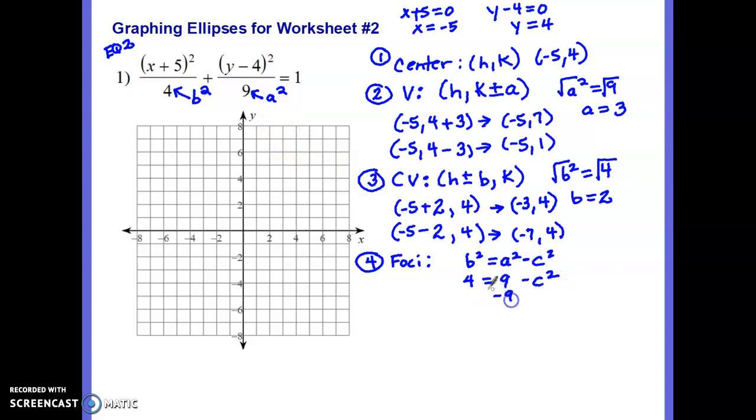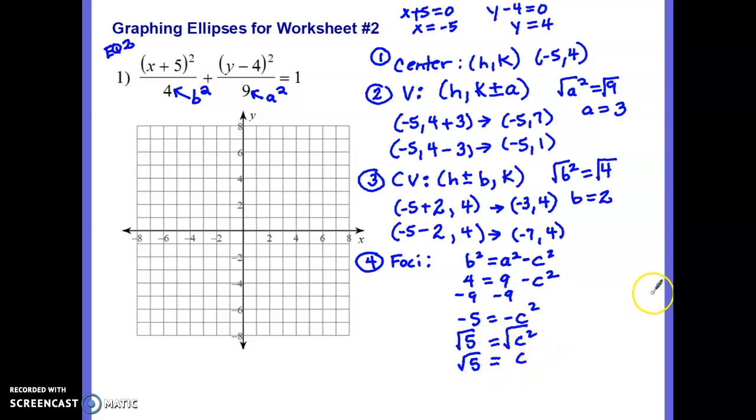So I'm going to subtract 9. 4 minus 9, that's going to be -5. If you divide by -1, you're going to end up getting C squared equals 5, and then you're going to take the square root. So C is equal to square root of 5.